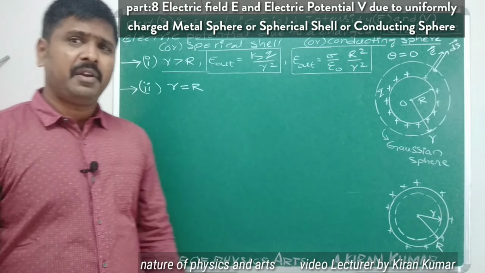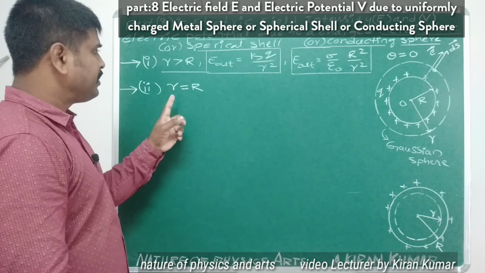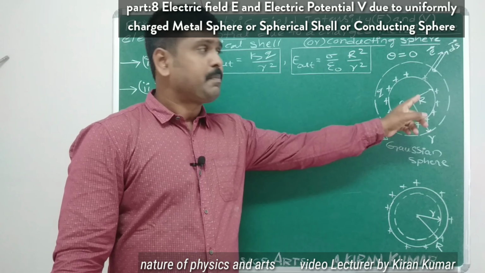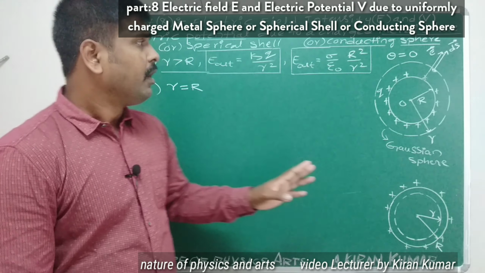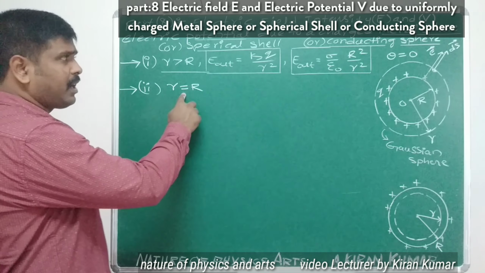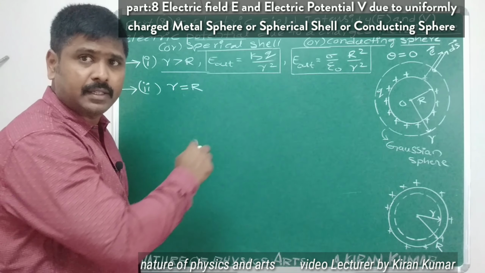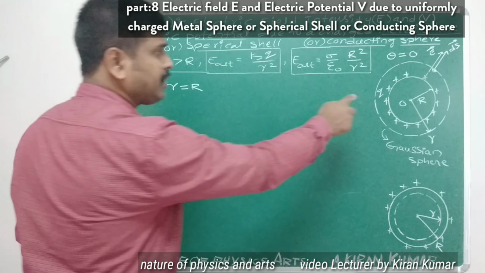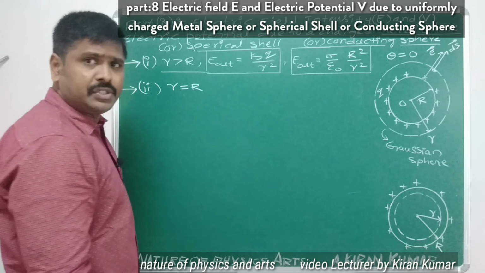Now, continuing with the second condition, the electric field intensity on the surface of the spherical conductor. For this small r is equal to capital R. The first condition, outside, that is small r greater than capital R, is already completed, and q is the charge on the spherical shell.